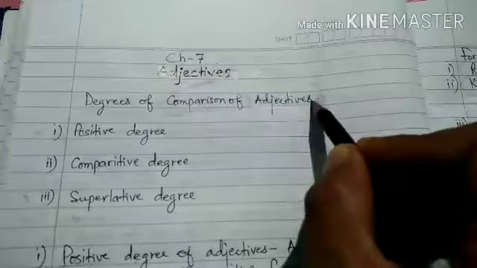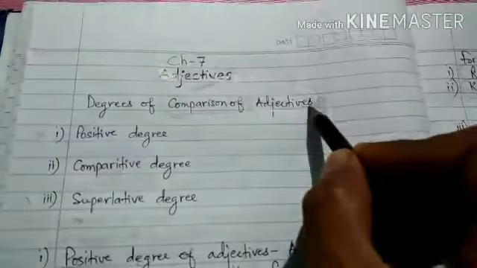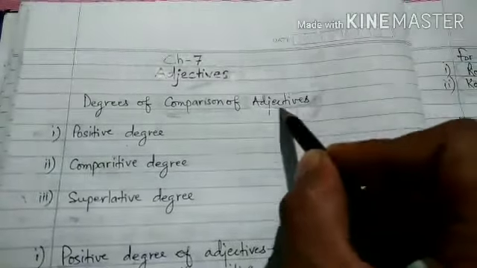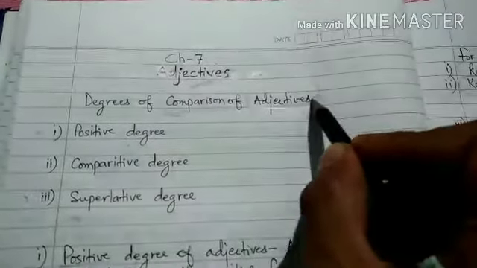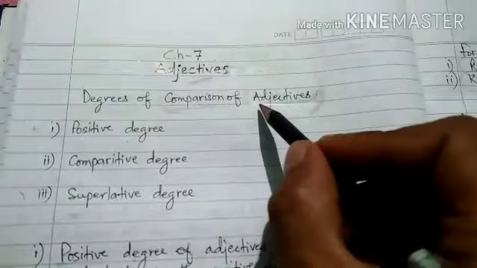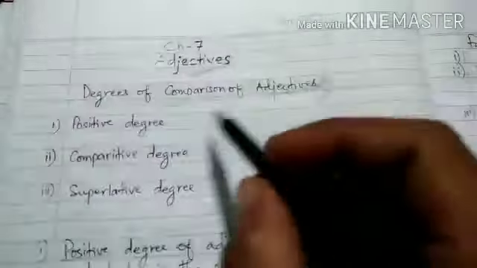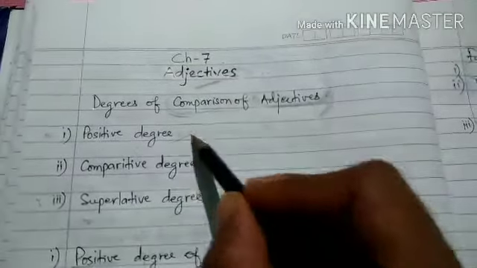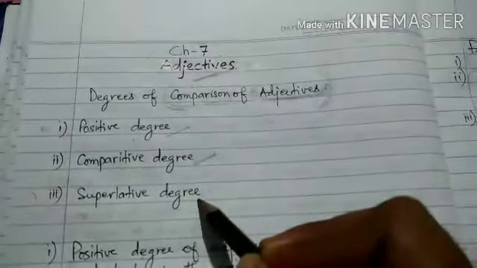In adverbs also, whenever we compare a noun or a pronoun with another noun or pronoun by showing their work, there also we have 3 degrees of comparison of adverbs. Like we have here 3 degrees of comparison of adjectives: positive degree, comparative degree, and superlative degree.